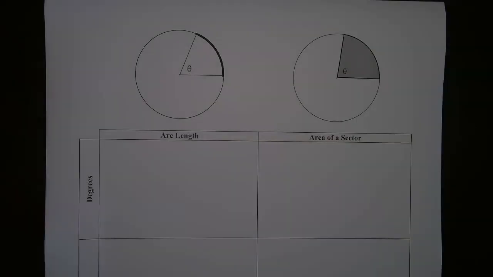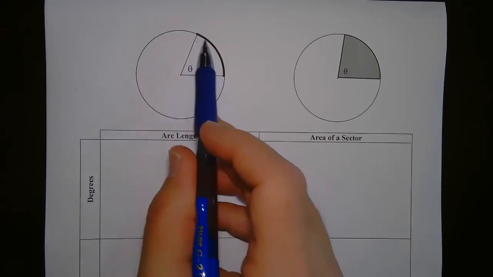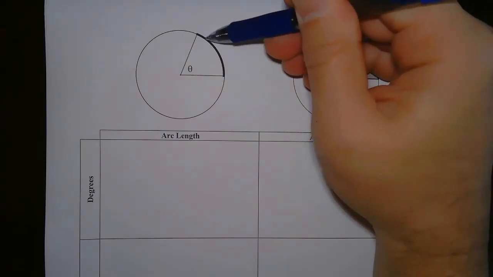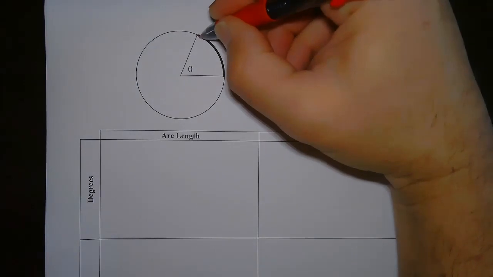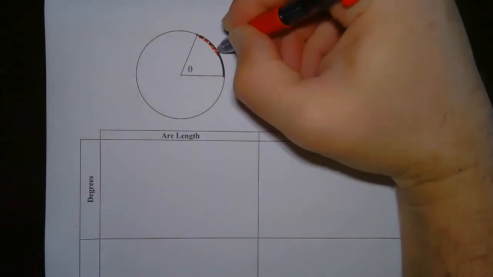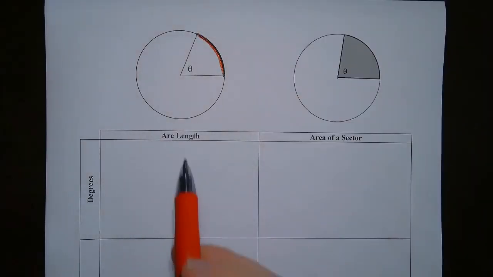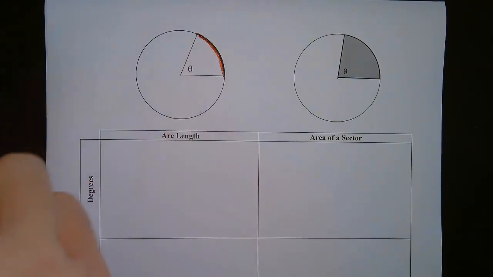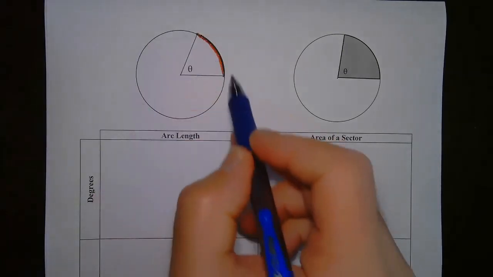Okay, so we're going to talk about arc length and area of a sector. The arc length is a part of the entire circumference. So this would be the arc length right here, this dark one. I'm going to color it in red, just so we have a different color. To get this, we need to know the circumference of the circle, which is the distance all the way around.